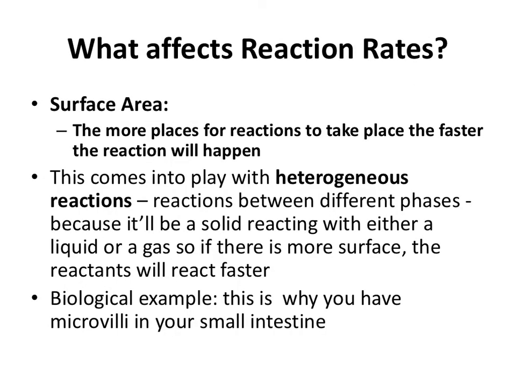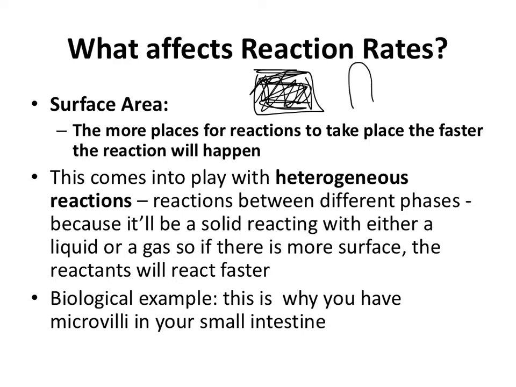Okay. Surface area is also something that will affect it. And the surface area, if you aren't aware, especially on solids, is the outside area. So if you have something like a box, the surface area is just the outside of the box, and that's not very much surface area.